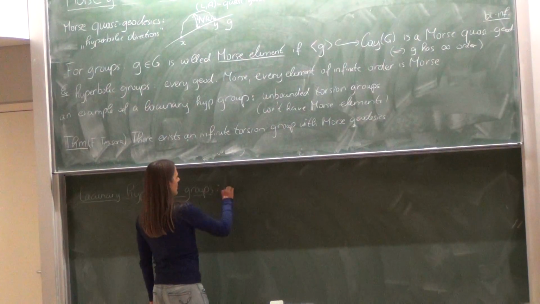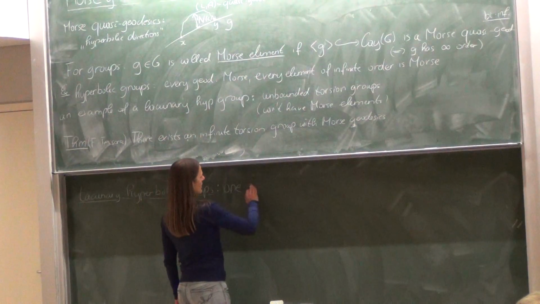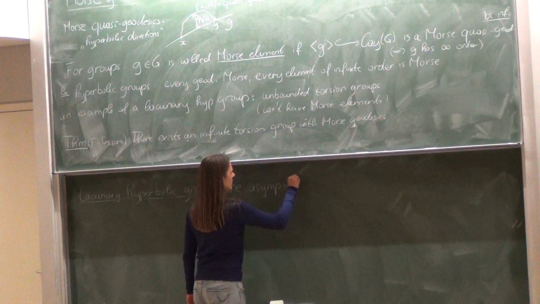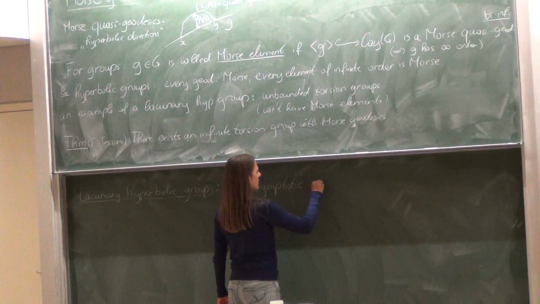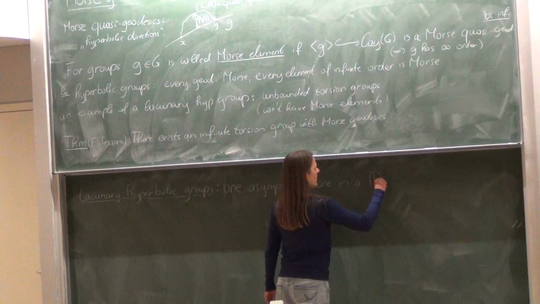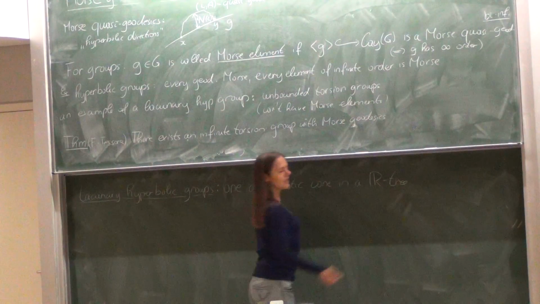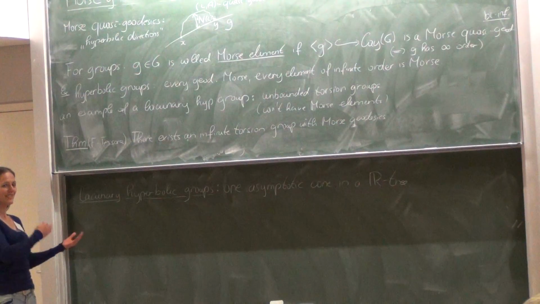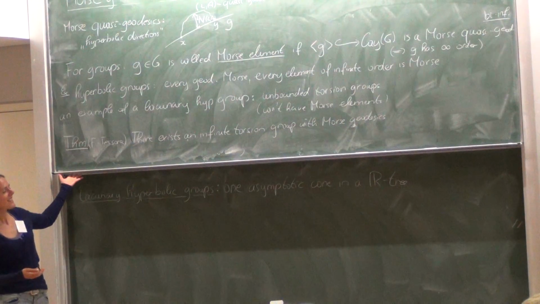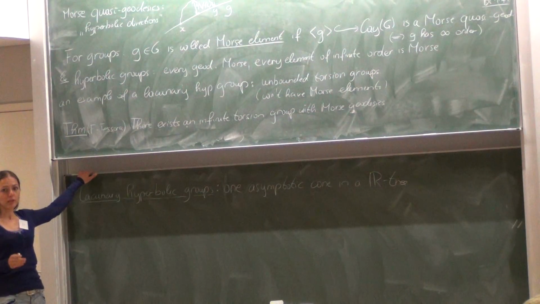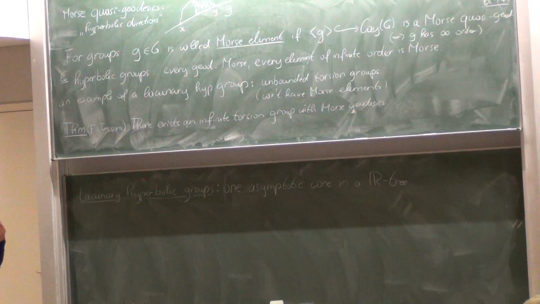So the formal definition for this is: you require one asymptotic cone to be an R-tree. Aditi was talking about asymptotic cones, which is really nice. I can use it now and I don't have to go too much into details. She also mentioned that if you have a hyperbolic group, every asymptotic cone is an R-tree.